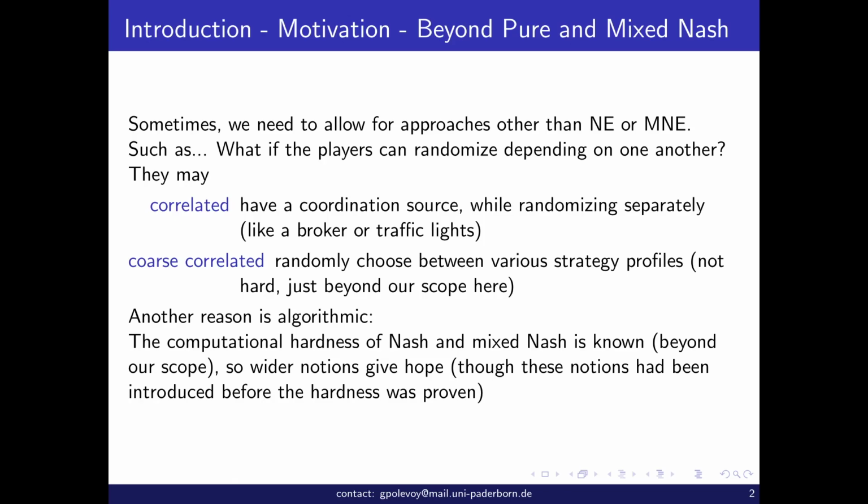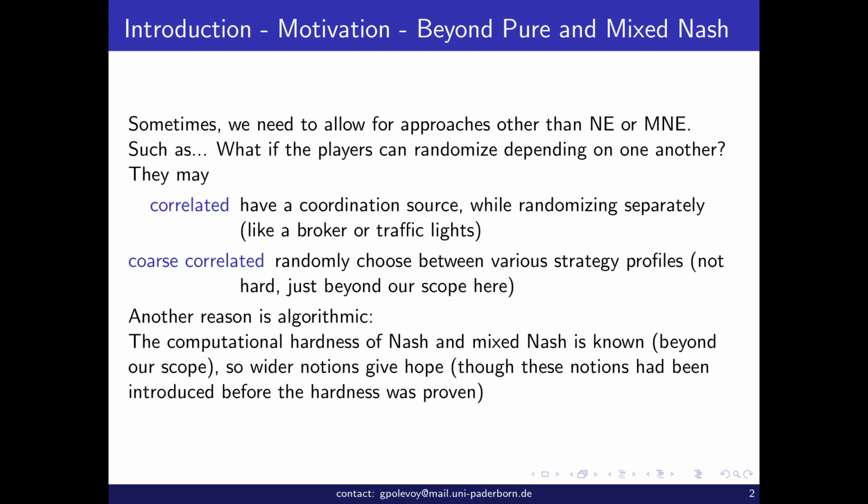But again, we are not going to talk about the coarse correlated, besides the definition and basic stuff in the tutorial, and we are definitely not going to talk about computing them in an algorithmic manner. So that's just some little spark to whet your appetite to learn further. There is a very beautiful algorithmic theory beyond that.